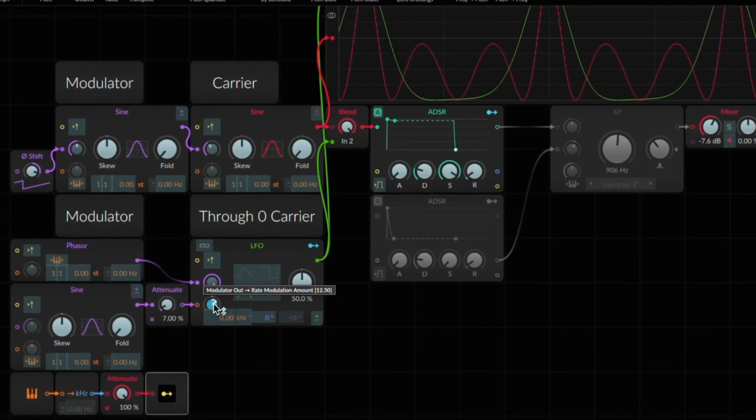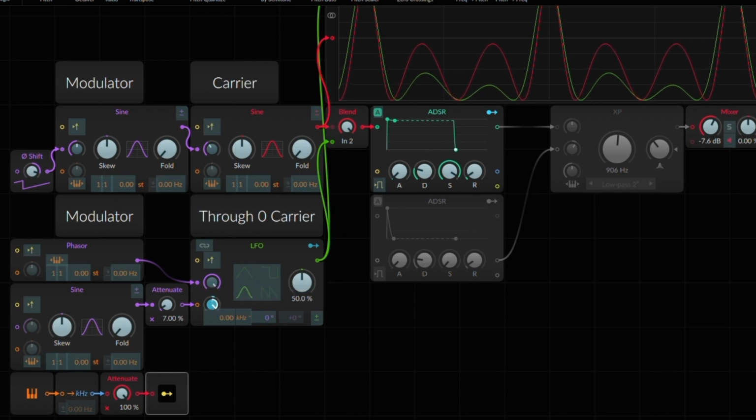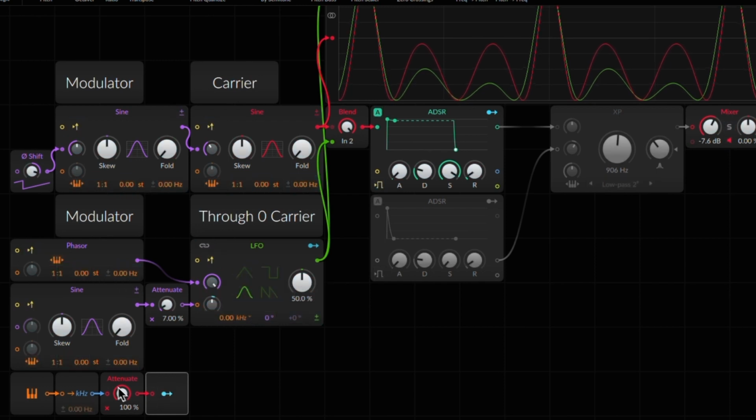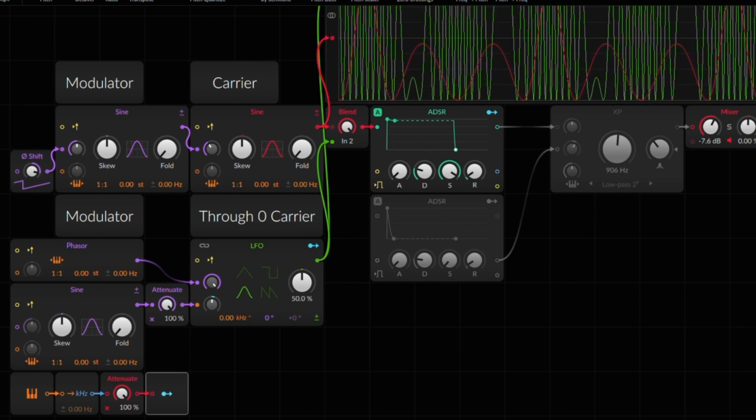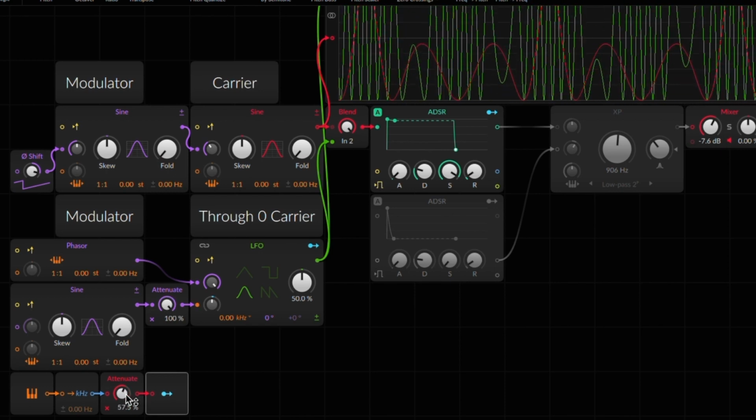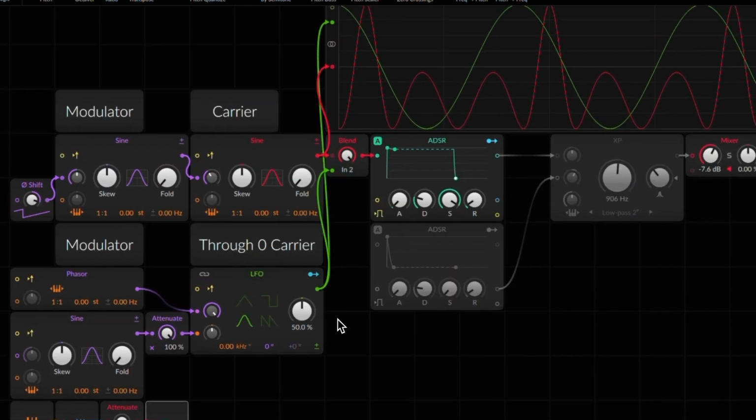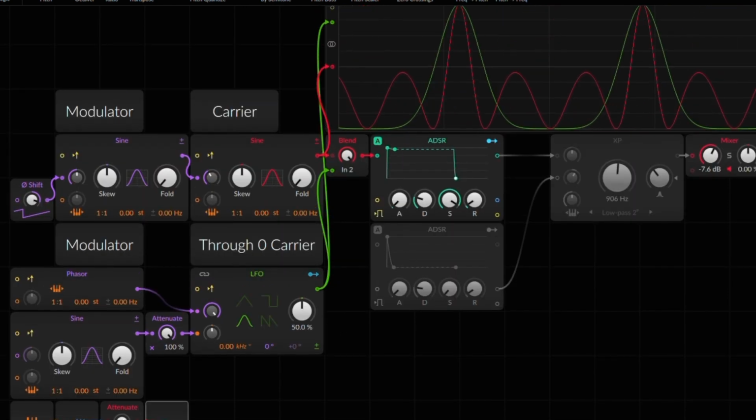And now we control the amount of modulation. Actually, it has to be 32. Okay. With this here, now we can turn this fully up and use this attenuation knob to control the amount of modulation. Now let's see how it sounds.